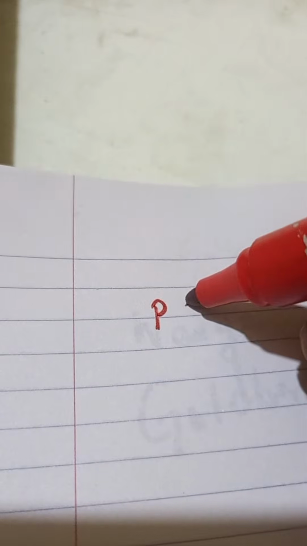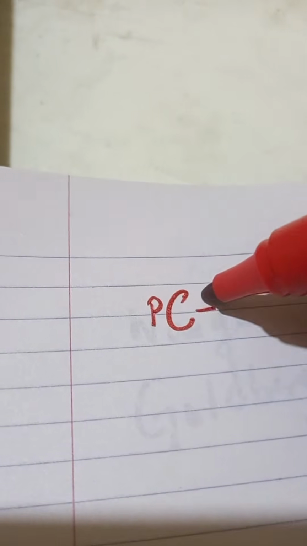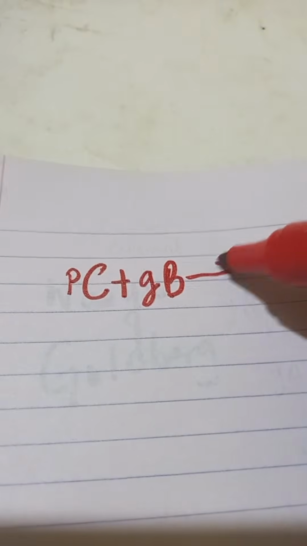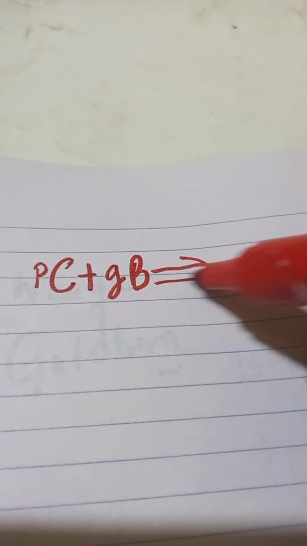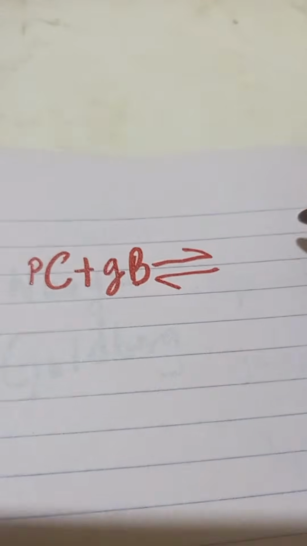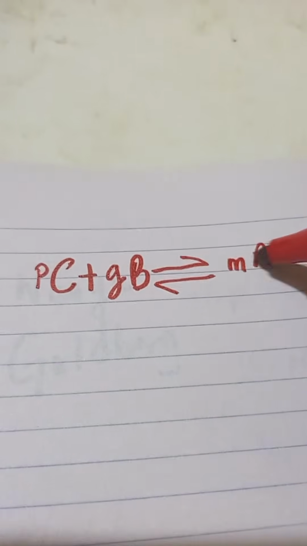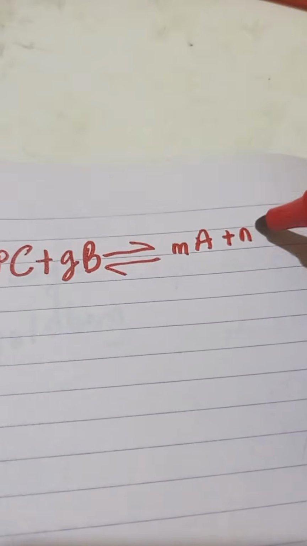I'm using PC plus QB produces MA plus NB. So I want to write the equilibrium constant expression.